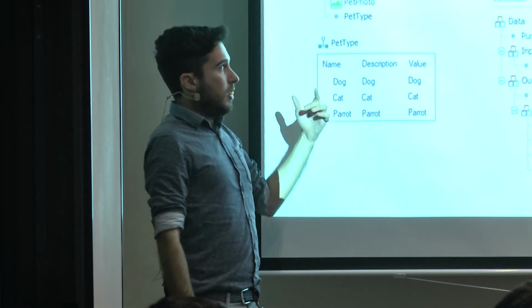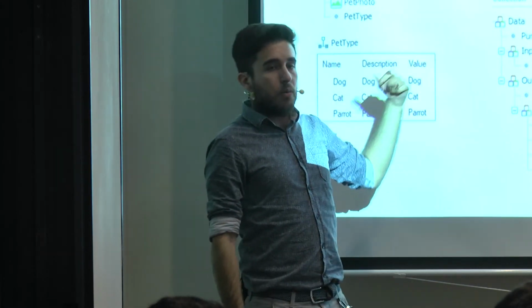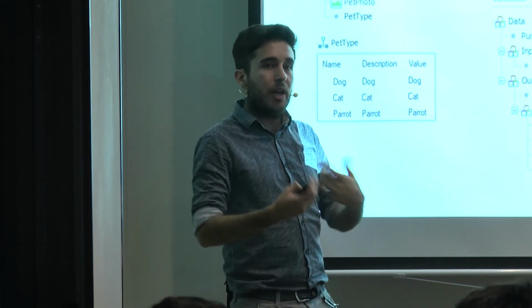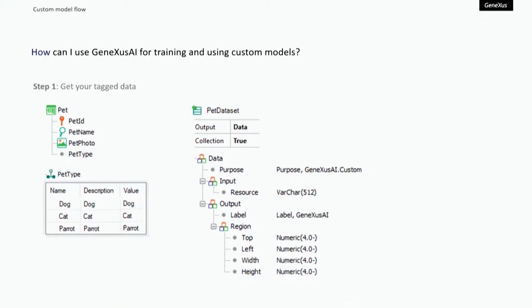From the standpoint of GeneXus AI, we must create an object that generates data. What do I mean by this? Well, in this case, I decided to use a data provider whose output is data. The type of data is going to be in the GeneXus AI module that has this type of structure where you will indicate the purpose of that data and an output data.